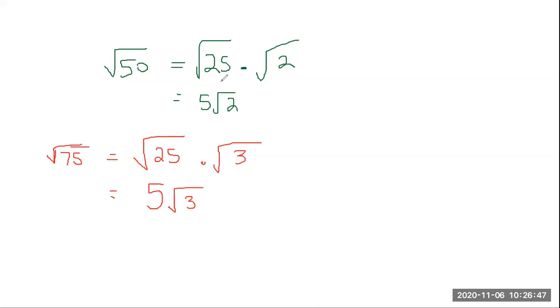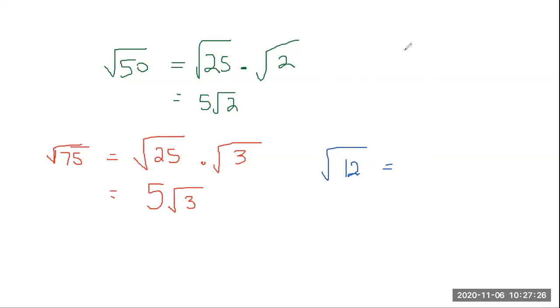Let's do, I'm going to change colors, blue. Square root 12. How can I break that one up to include a perfect square? I'm getting some answers that say 6 and 2. Yes, you could break it up into 6 and 2, but is 6 a perfect square and is 2 a perfect square?